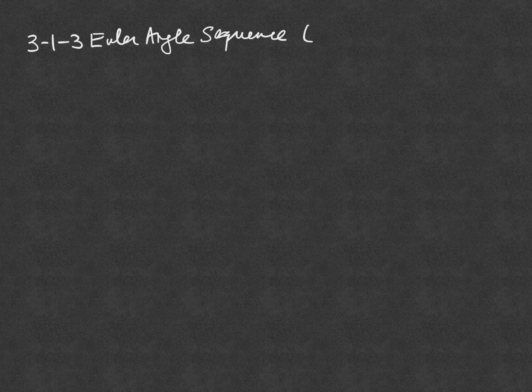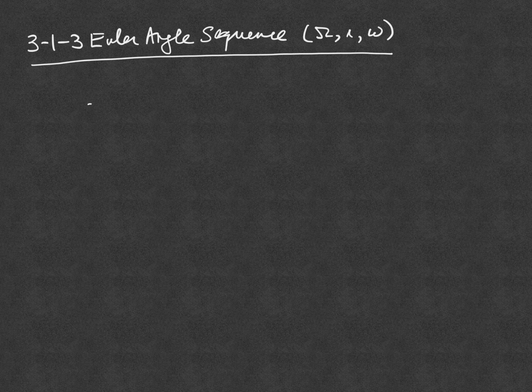So now let's describe this 313 Euler angle sequence: omega, i, little omega. So what we're going to first do is draw this ellipse. So here's that orbit. Now, this is the focus, which is, of course, the center of the planet.